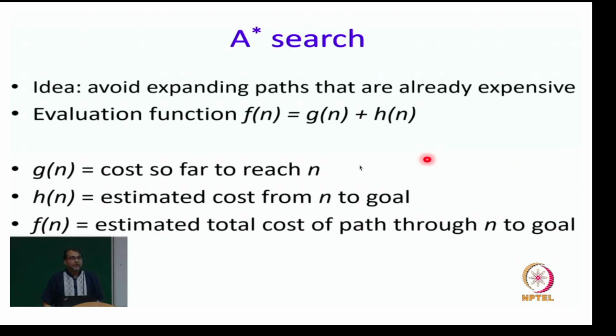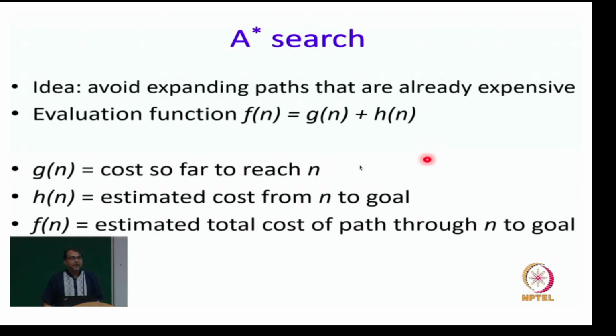So it is saying you should also consider this factor from the start node, and avoid expanding paths that are already expensive to reach the nth node.